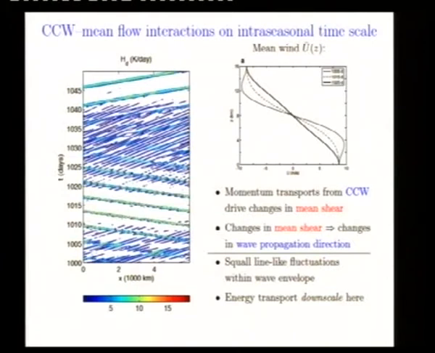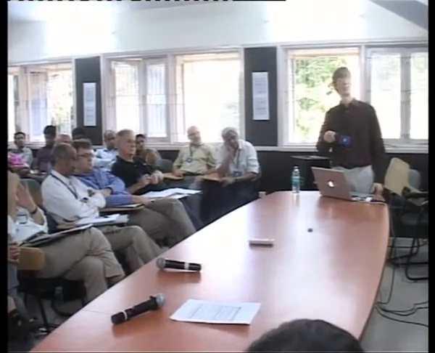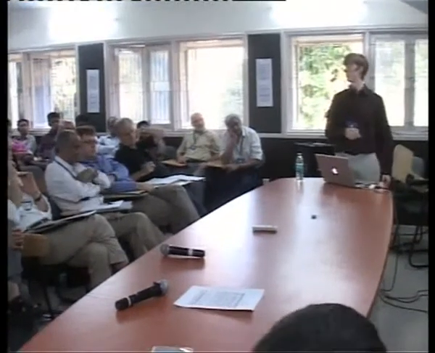That forms by time 1025, about right here. Now in this new shear, the westward propagating wave is not the favored wave. It's the eastward propagating wave. So it dies, and eventually the eastward propagating wave forms and keeps going.